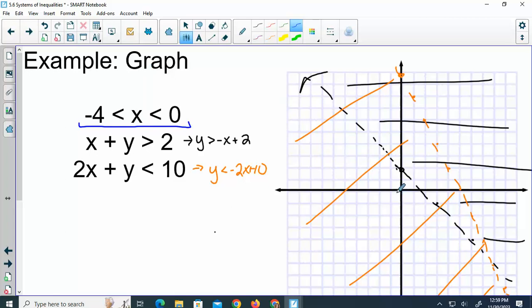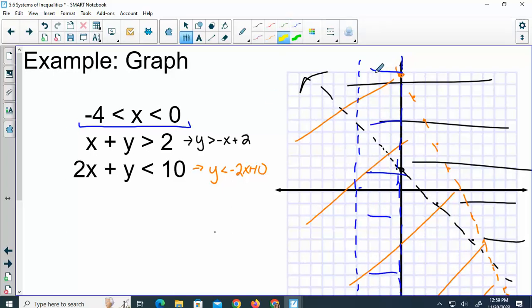So we start at negative 4, dash because there's no equal to. Right, and then it's 0. And shade between them.